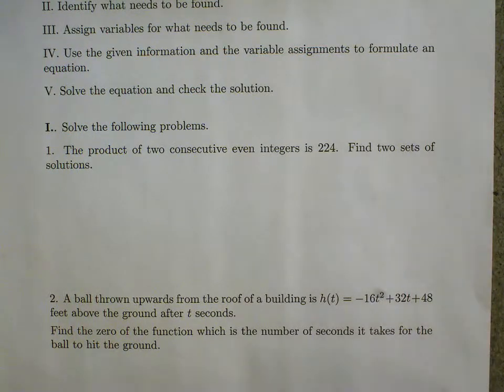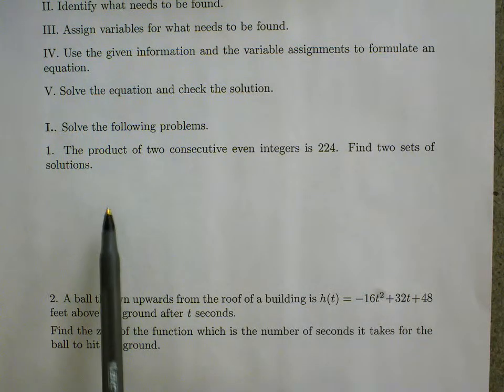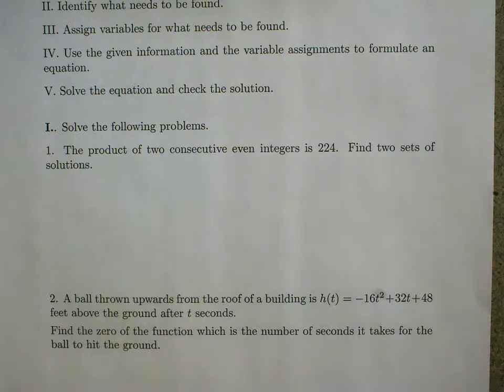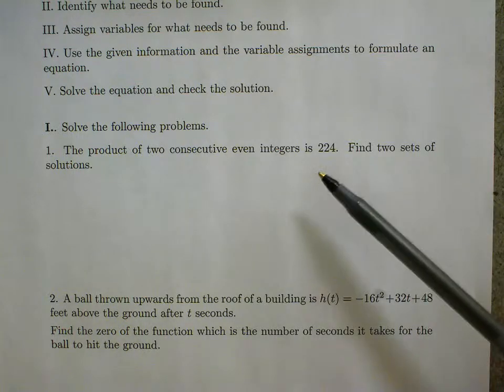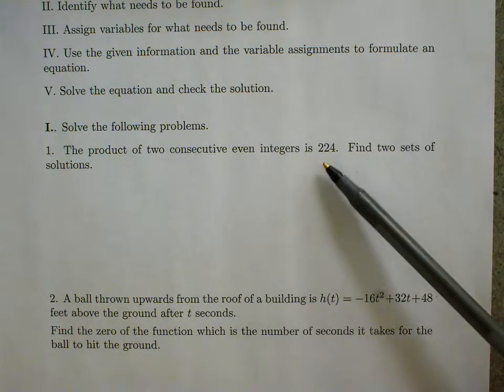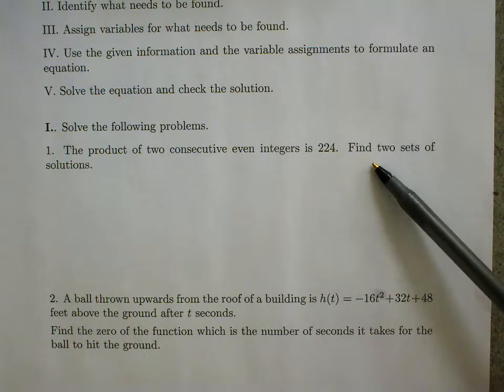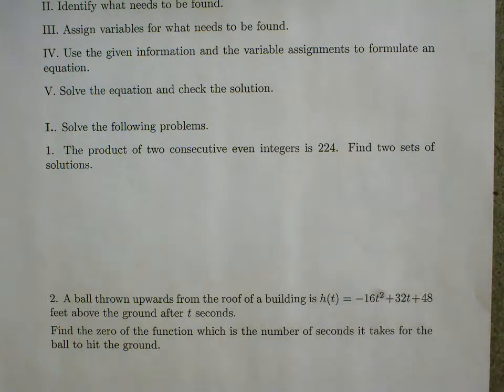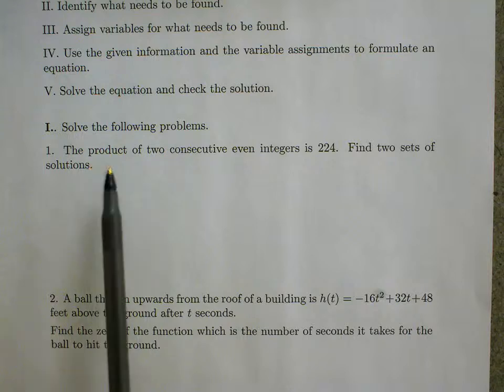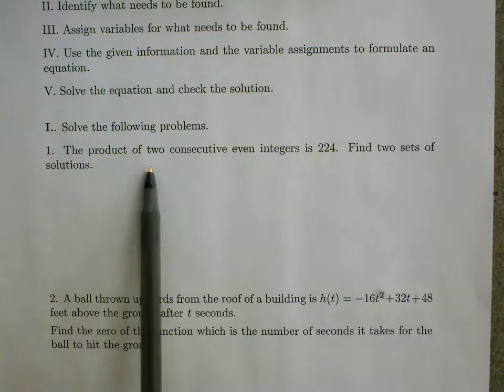The first one: the product of two consecutive even integers is 224. And then it says find two sets of solutions. Okay, so let's think about what this is saying.